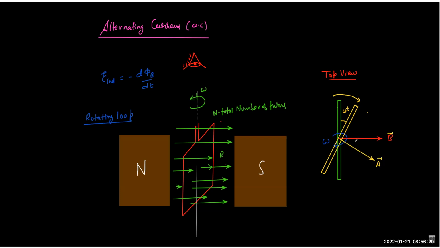This is the B vector, and B is fixed, so the angle between the B vector and the area vector is omega t. And we know that the magnetic flux we define as number of turns into B dot A. Because we know the angle, the flux equals NBA cos omega t.